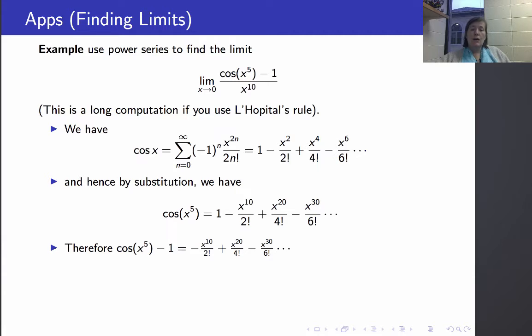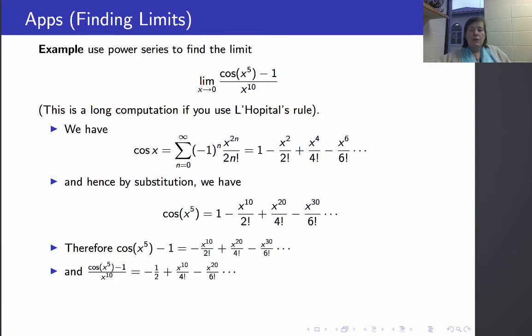So I get minus x to the 10 over 2 factorial plus x to the 20 over 4 factorial, etc. And now if I divide by x to the 10, I get a constant term, minus 1/2, plus a bunch of terms with powers of x where the power is greater than 1. In fact, it's greater than 10.